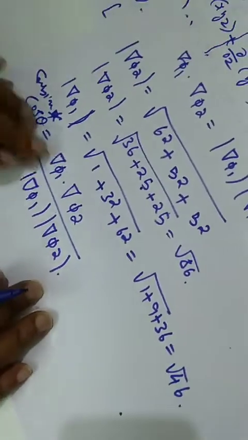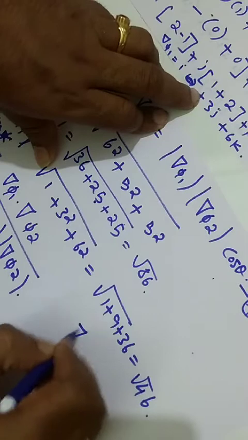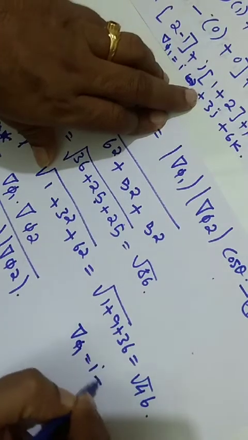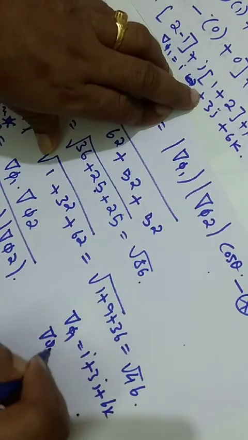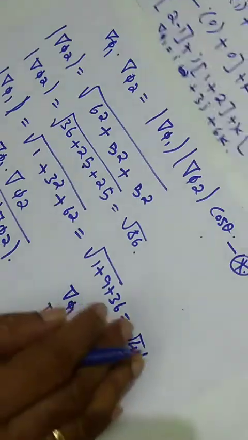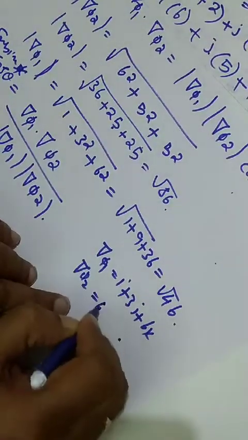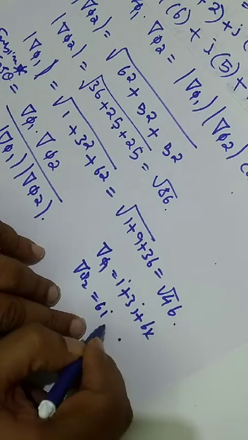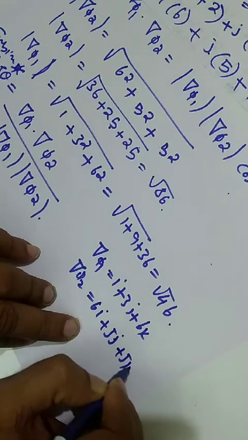Del phi 1 is i plus 3j plus 6k, and del phi 2 is 6i plus 5j plus 5k.